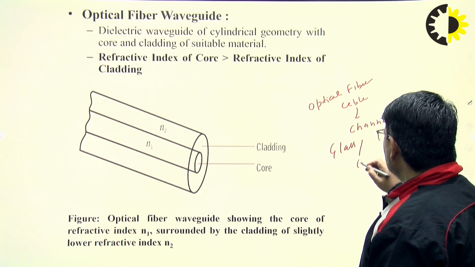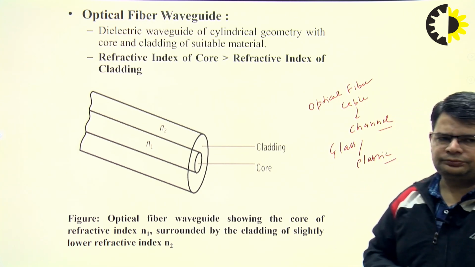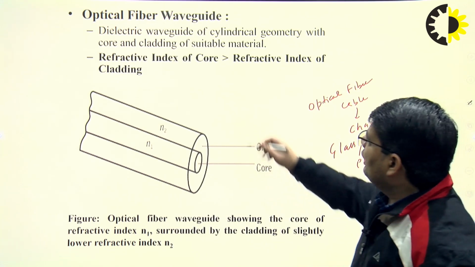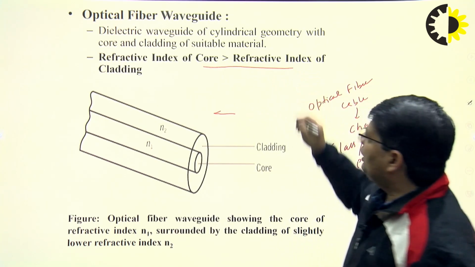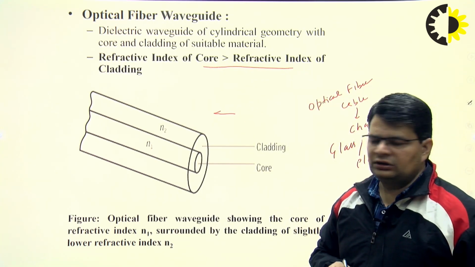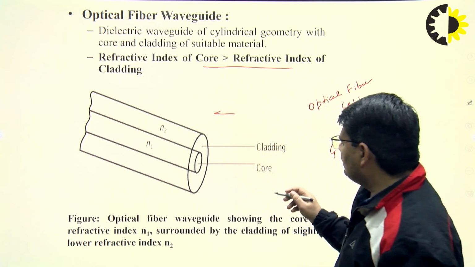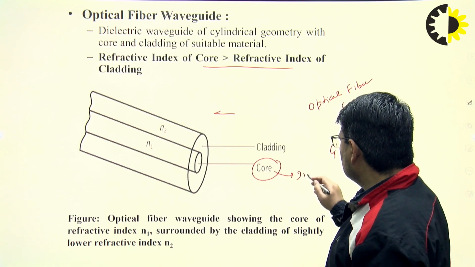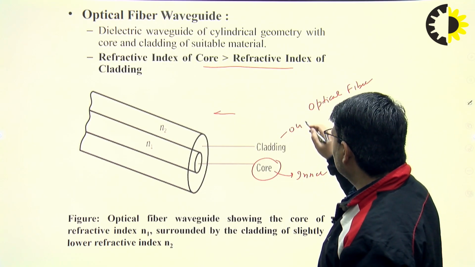Basically, the optical fiber has various layers with refractive index varying. In the optical fiber structure, we have basically two layers. The inner layer is known as the core and outer layer is known as the cladding.